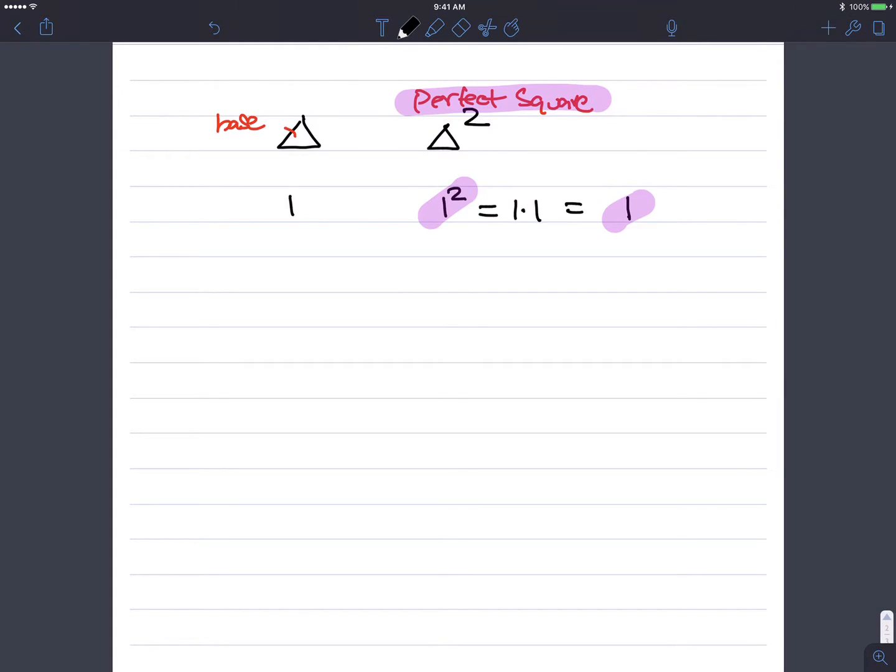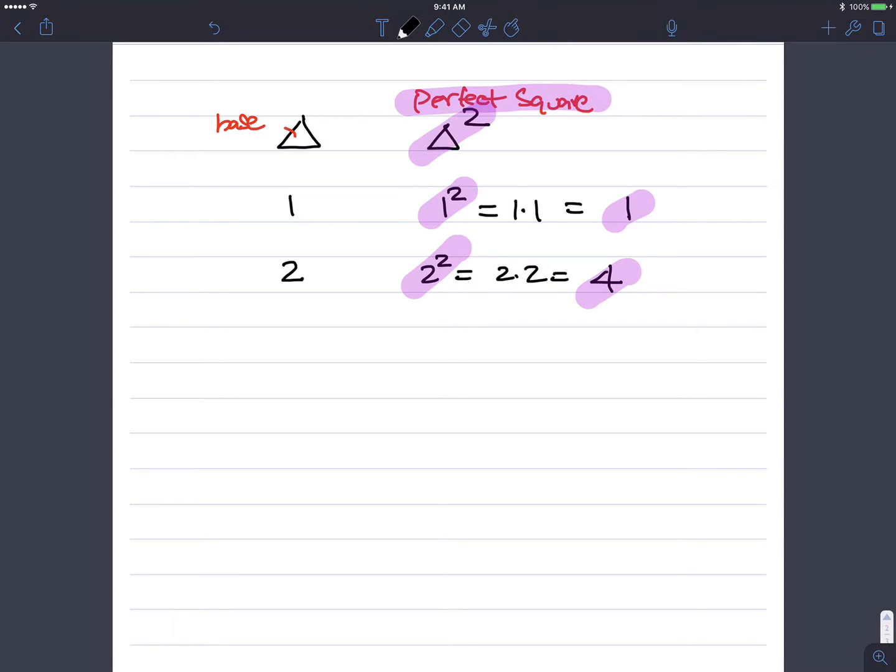It's the base. So now go to the number 2. And I take 2 to the second power, and I say, okay, 2 times 2 is what number? Is 4. Which is the perfect square? 2 or 4? Anything that looks like this? 2 squared, which is 4, that's my perfect square.